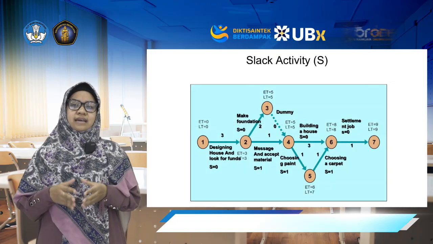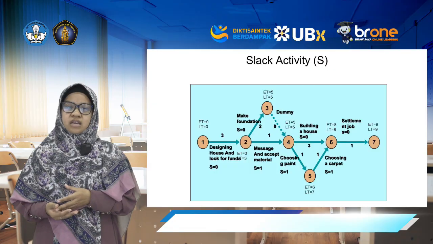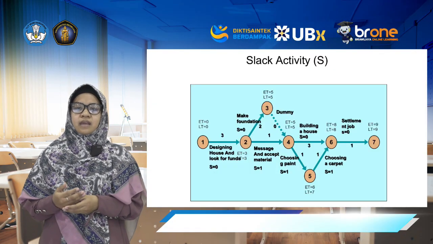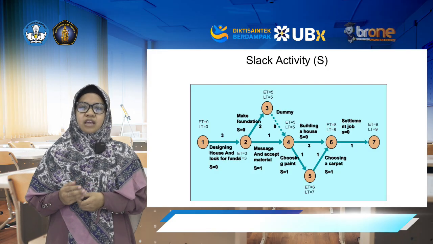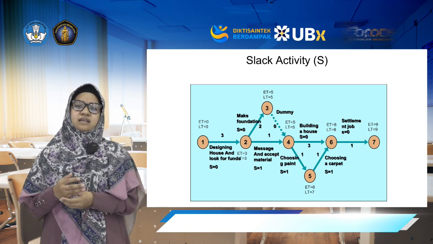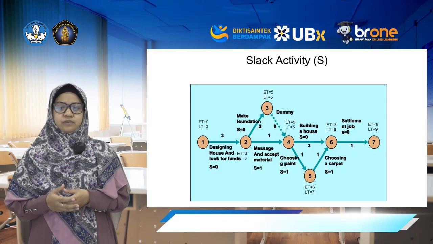Now we use the LT and ET values to compute slack for each activity. Remember the rule: slack equals LT minus ET minus T, equal to LS minus ES. If S is 0, the activity is critical. If S is larger than 0, it has that much free time before it will delay the project.